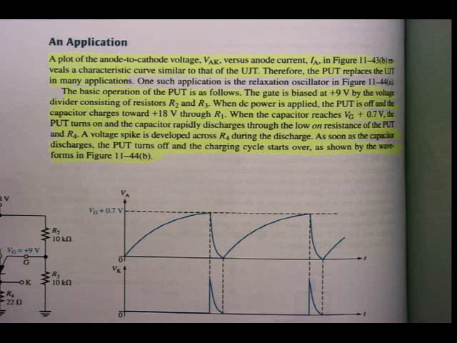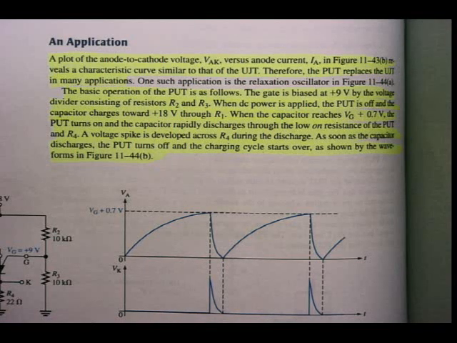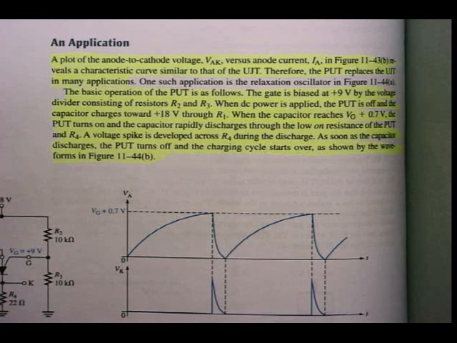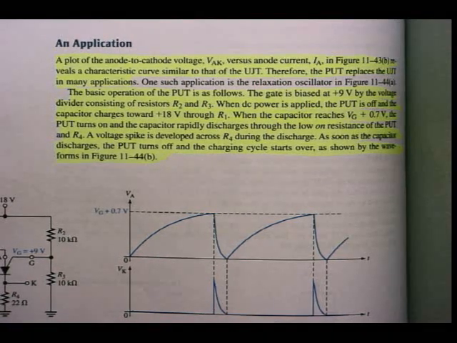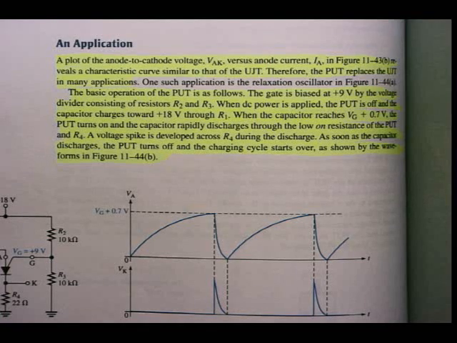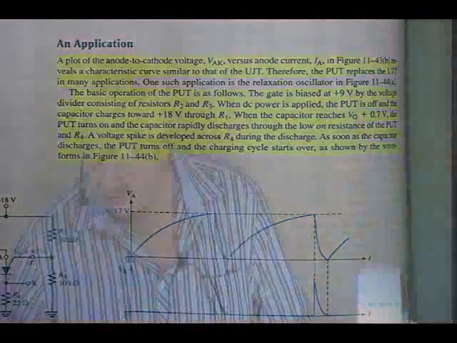But don't worry about that, we didn't discuss it. But as they say here, therefore the PUT replaces the UJT in many applications. Anyway, the basic operation of the PUT is as follows. The gate is biased at plus 9 volts by the voltage divider consisting of resistors R2 and R3.